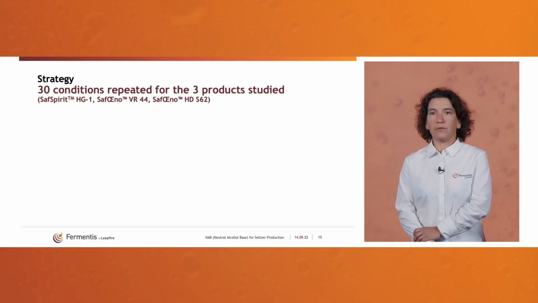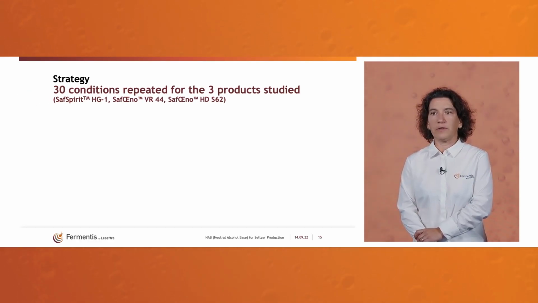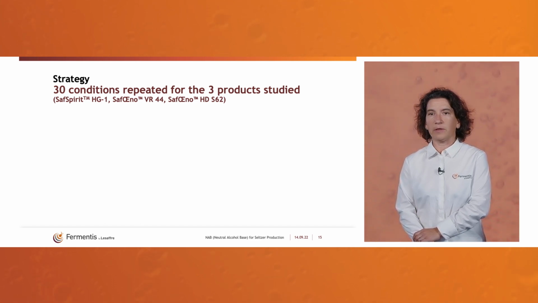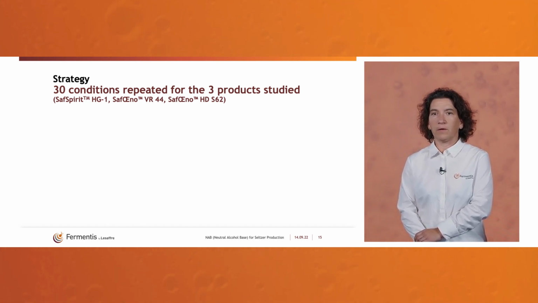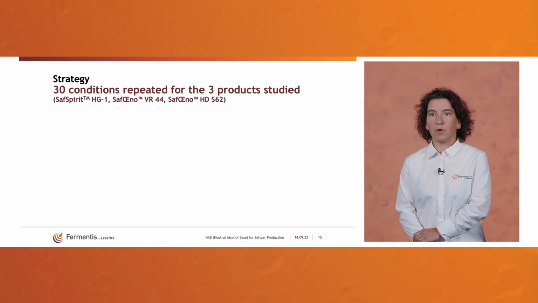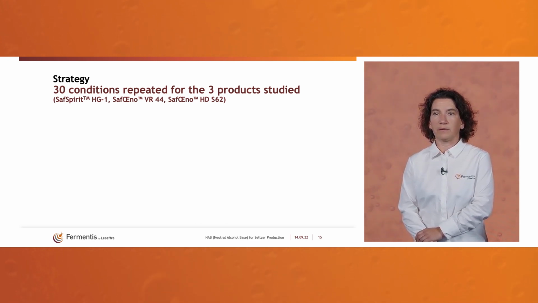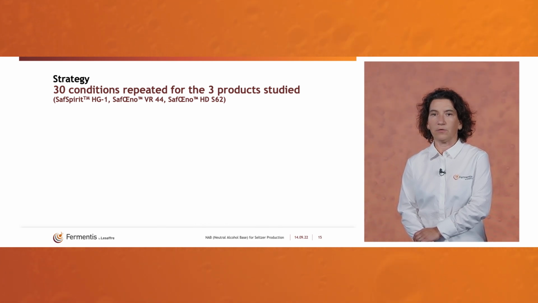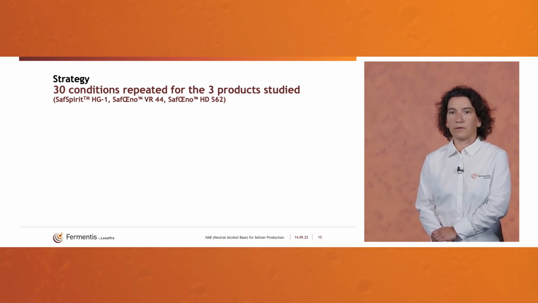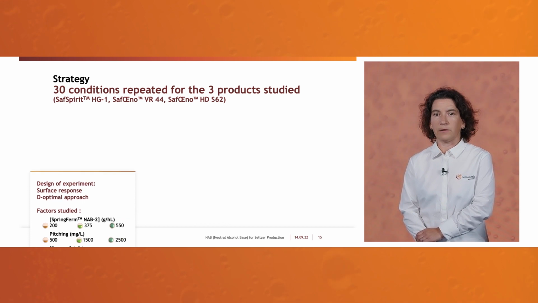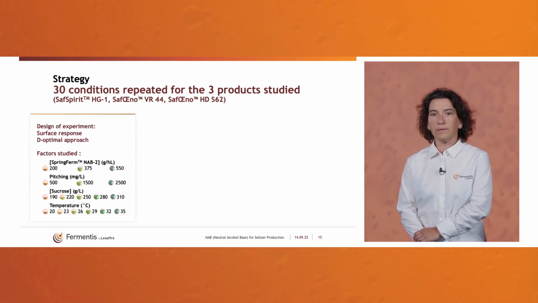To evaluate and study the impact of all these parameters, we built a design of experiment with 30 conditions repeated with 3 different products: SAF Spirit AG1, SAFENO VR44, and SAFENO HDS62. For the different factors, we studied different levels.